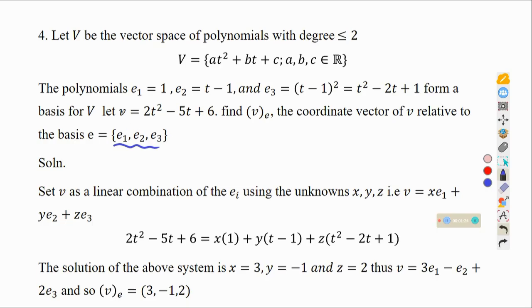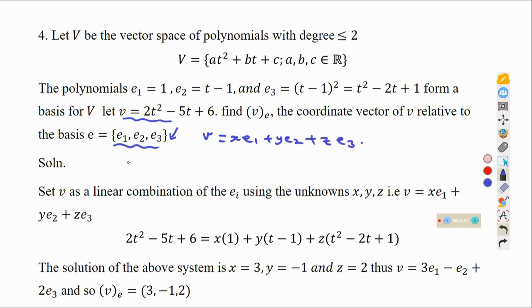As we said, we need the coordinate vector of V relative to this basis, and for that case, you must set V as a linear combination of the vectors in the basis. So for that, we shall have V equaling to, if our scalars are x, y, and z, then this will be x e1 plus y e2 plus z e3.